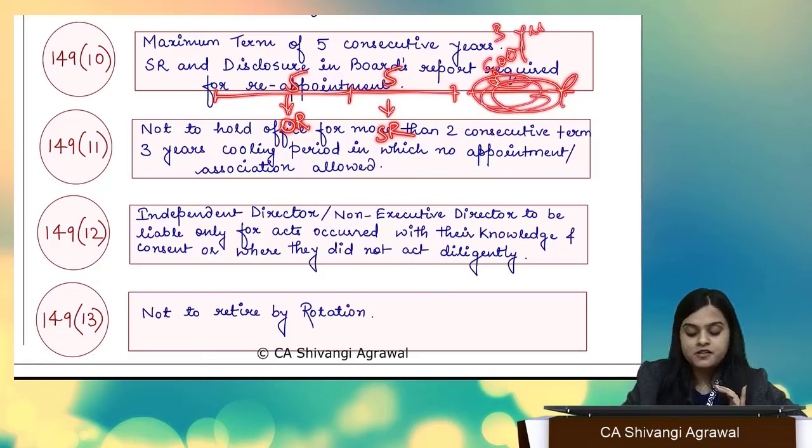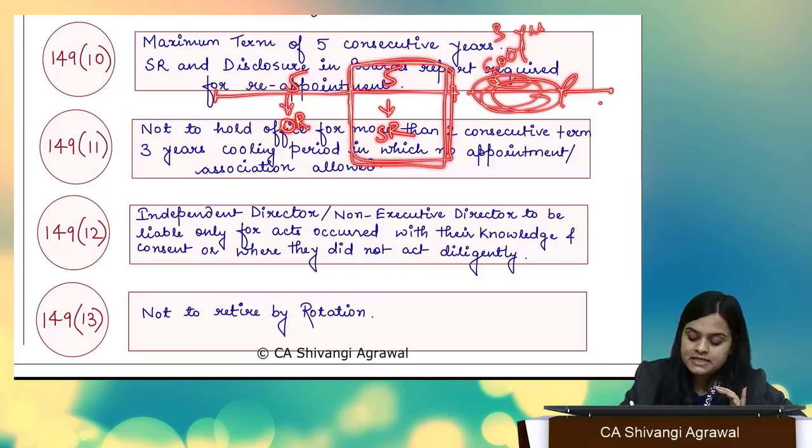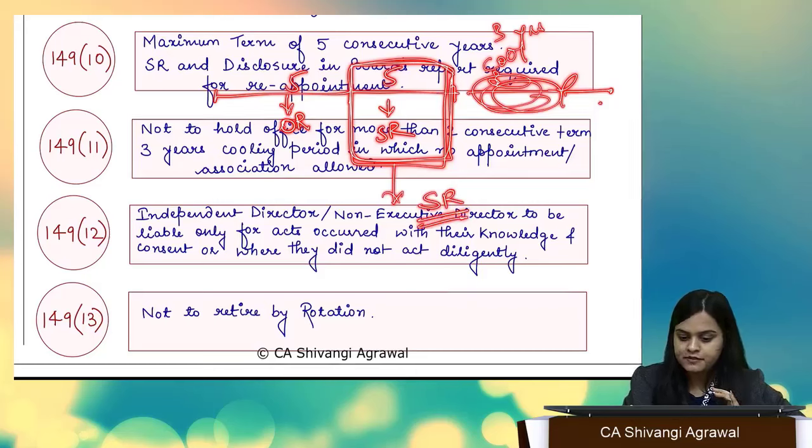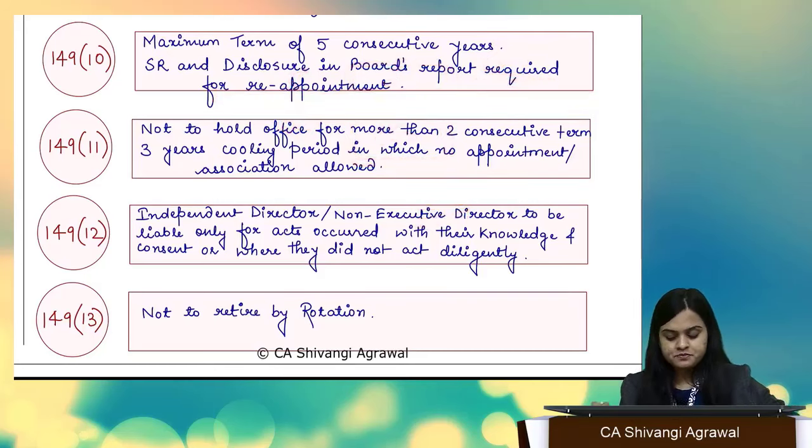Again, you can be appointed for 5 years. During the second term, if the company's shareholders want the independent director to be removed, they have to pass SR for removal. OR will not suffice.